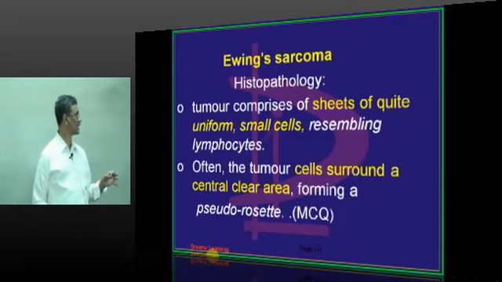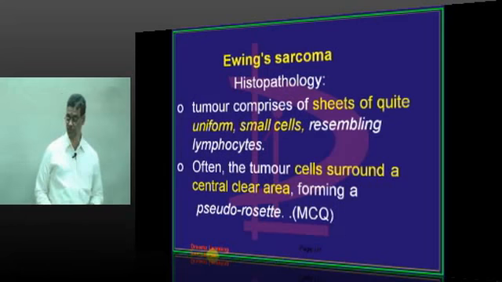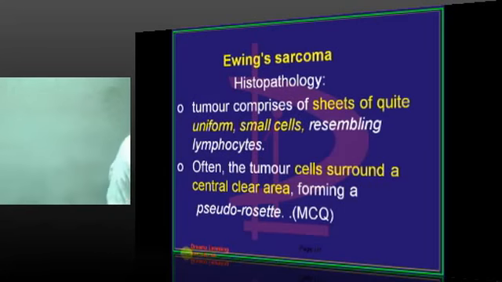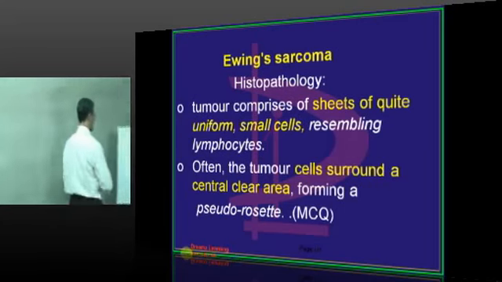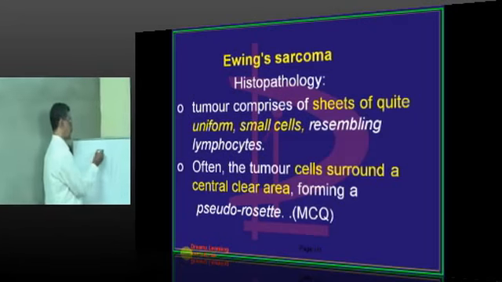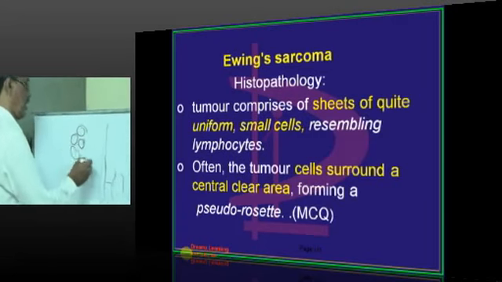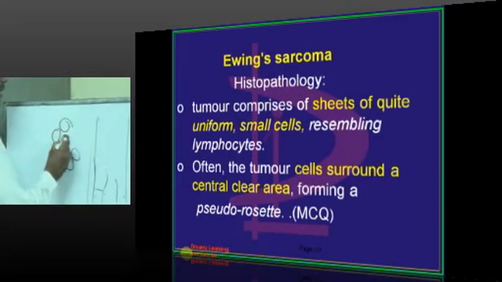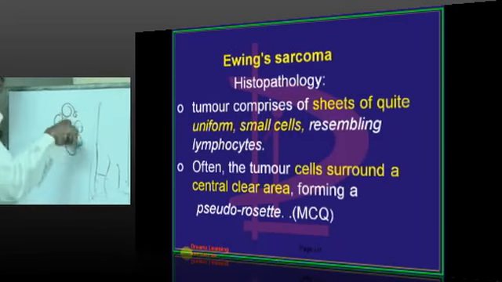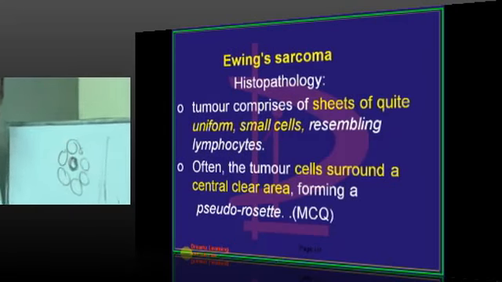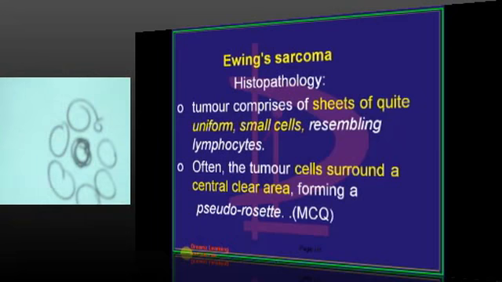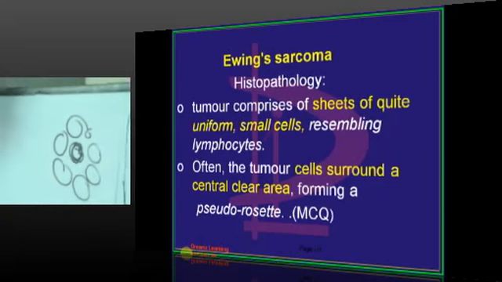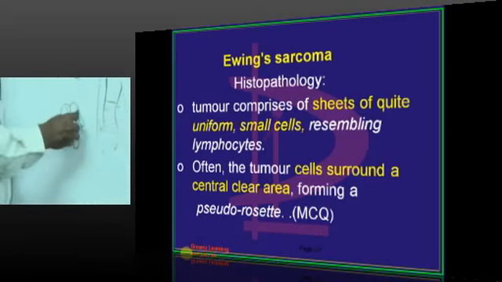Often the tumor cells surround a central area, forming a pseudo-rosette. If there is a nerve cell in the central area, a neural element, and cells are around it, it is a rosette. But if there is no cell in the center, only a degenerated part, and cells around it, that is called a pseudo-rosette.